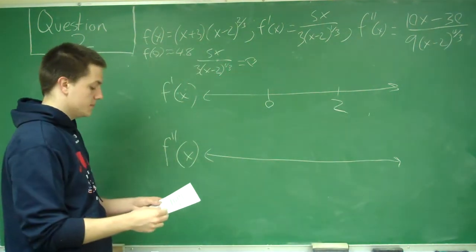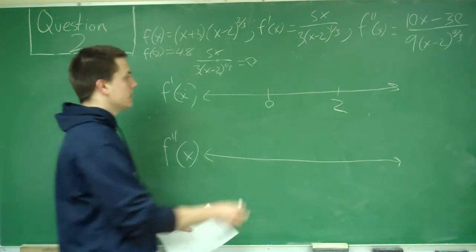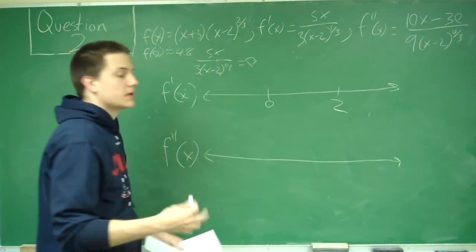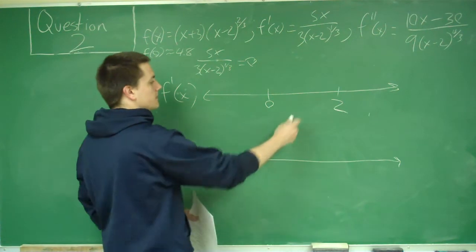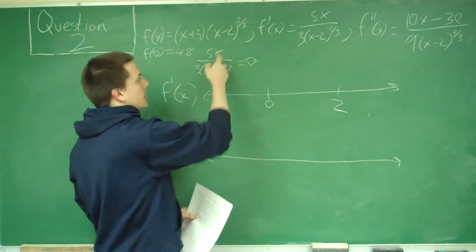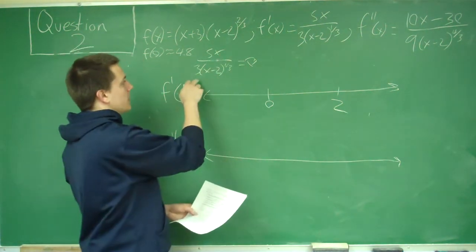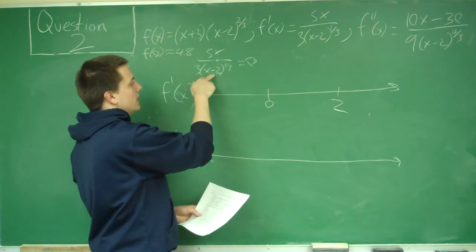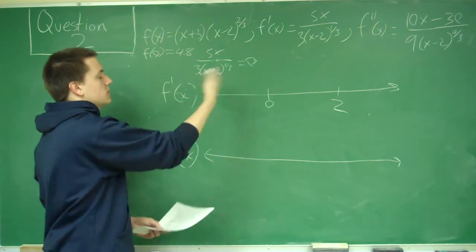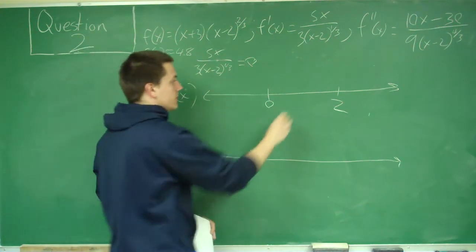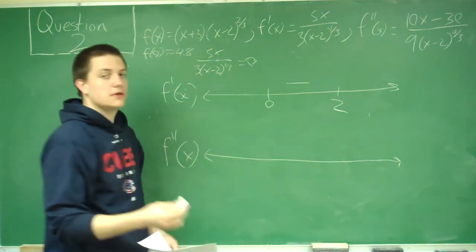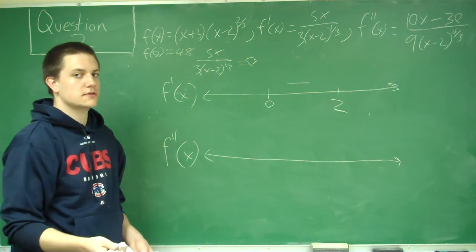Alright, and now we need to fill in the signs. What we can do here is just plug in a number in any interval. So let's choose 1. Plug in 1 on top, we get 5, so it's positive. And then 3 times (1 minus 2), which is negative, to the 1/3, which is also negative. So overall, the whole thing will be negative. Then we can use multiplicity to do the rest of the chart.